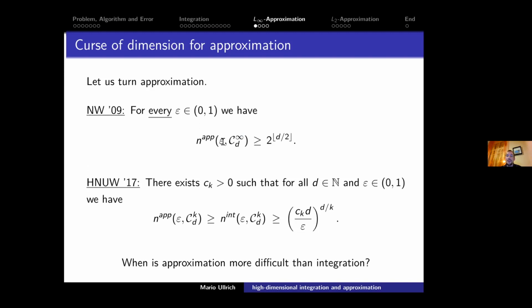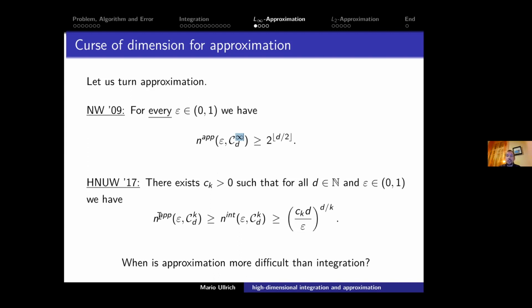And the function that you can consider here is just a linear function. It's a clever combination of some linear functions, and so I think it's a very interesting proof. Okay, so this is the case of infinite smoothness. For finite smoothness, we can just use our results for integration. Why?